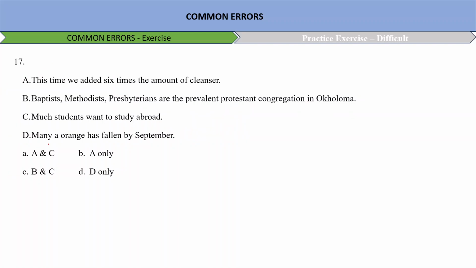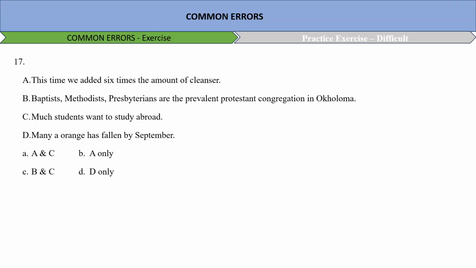Next question. The time we added 6 times the amount of cleanser. Baptist, Methodists, Presbyterians are the prevalent Protestant congregation in Oklahoma. Much students want to study abroad. Many orange has fallen by September. Definitely, many always takes.